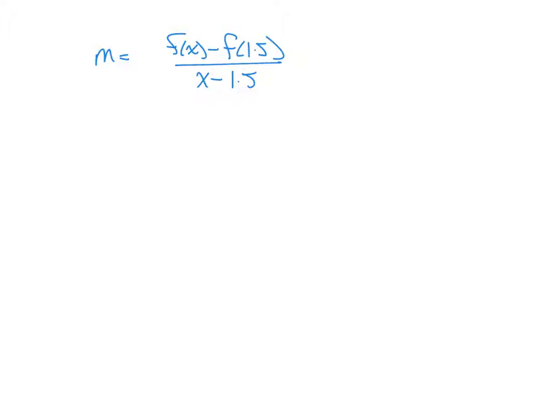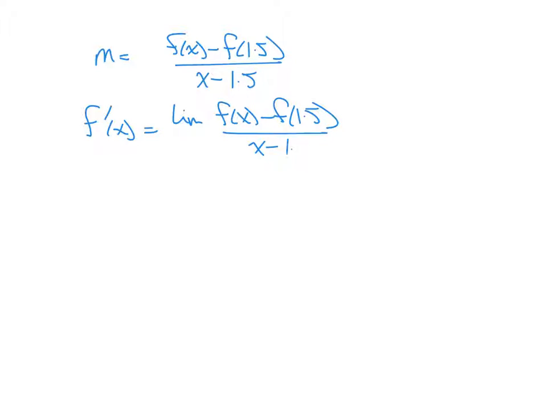And our whole idea was to let that x get closer and closer to that 1.5 until it's right on top of it. So that means that our derivative, which we'll call f prime of x, is going to be the limit of this function, f of x minus f of 1.5 over x minus 1.5. That's just the slope of our secant line.